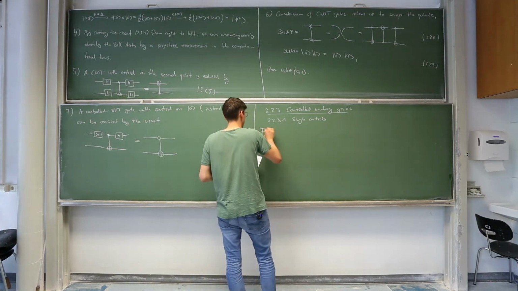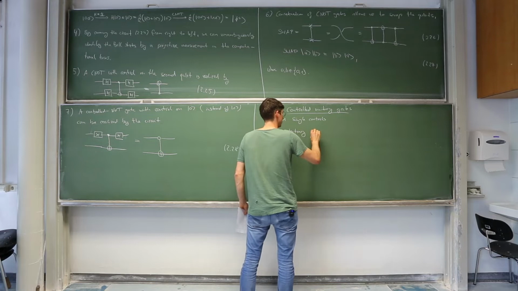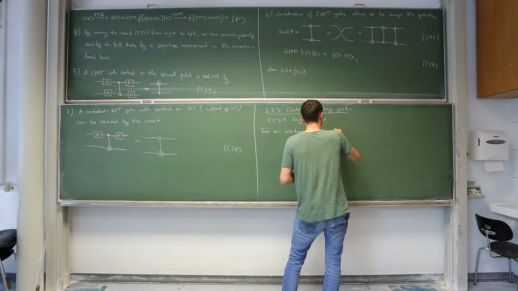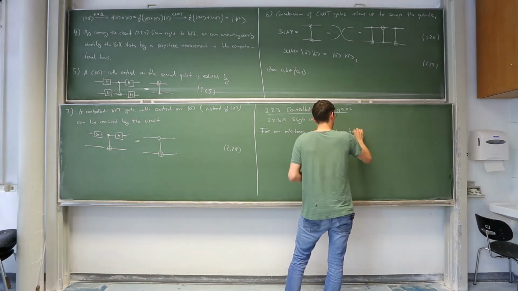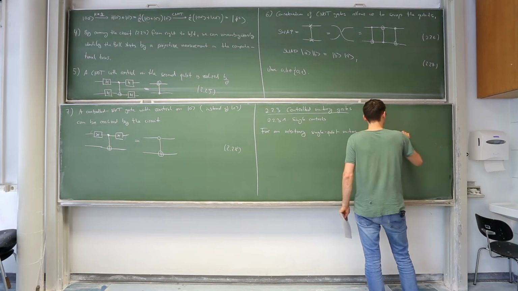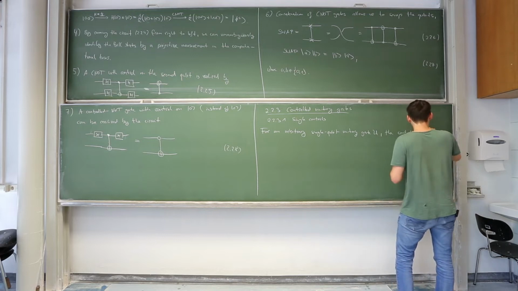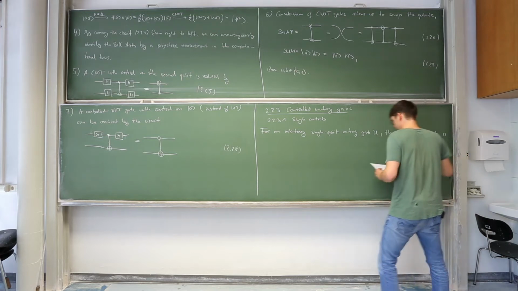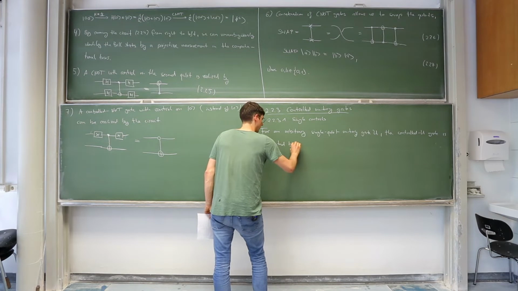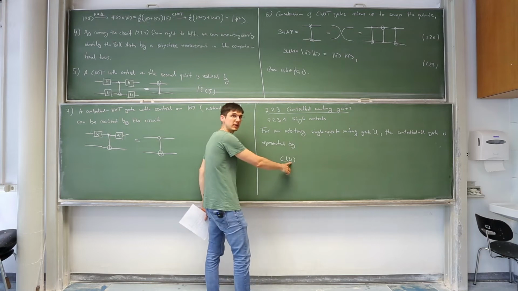So for an arbitrary single qubit unitary gate U, the controlled U gate is represented by, so we write it as C of U, meaning a controlled unitary gate.